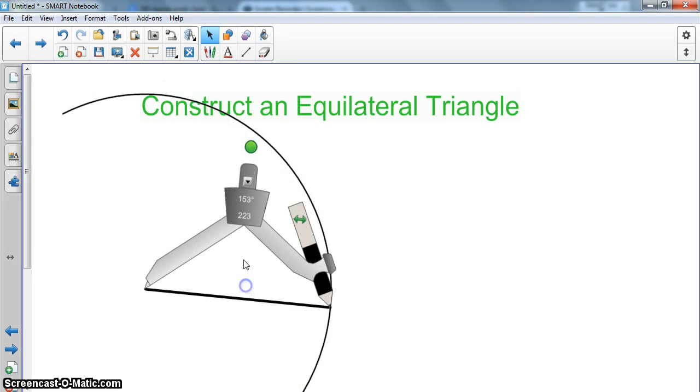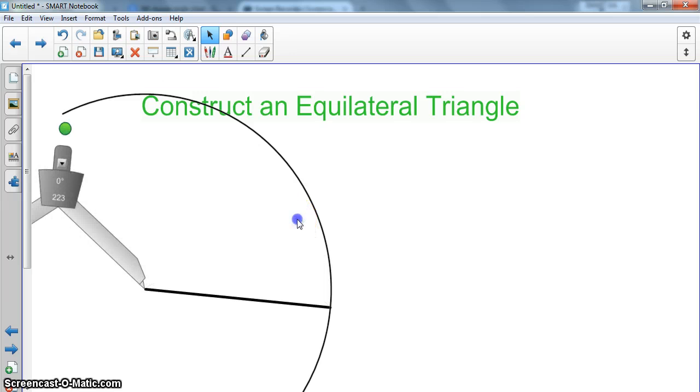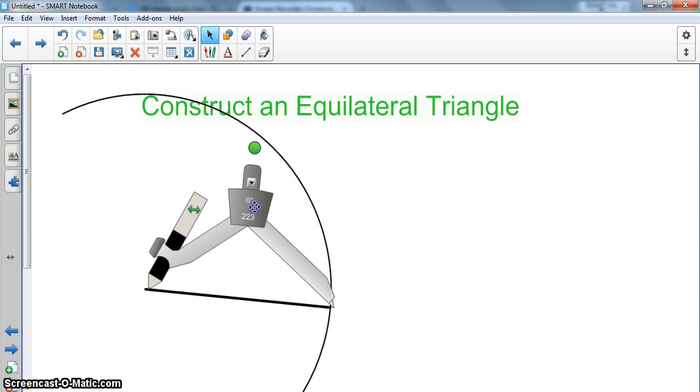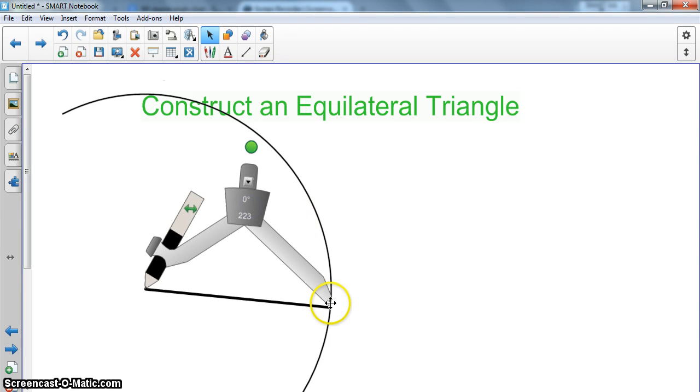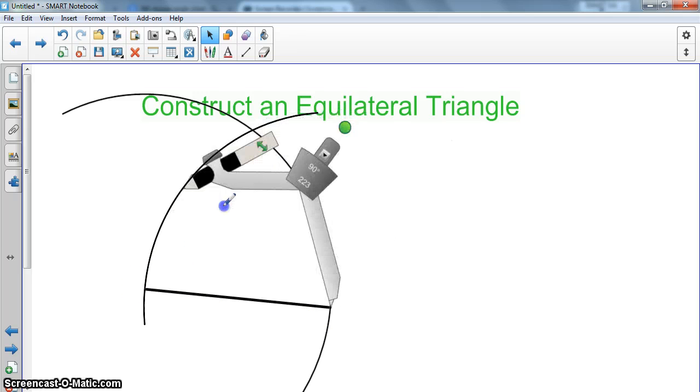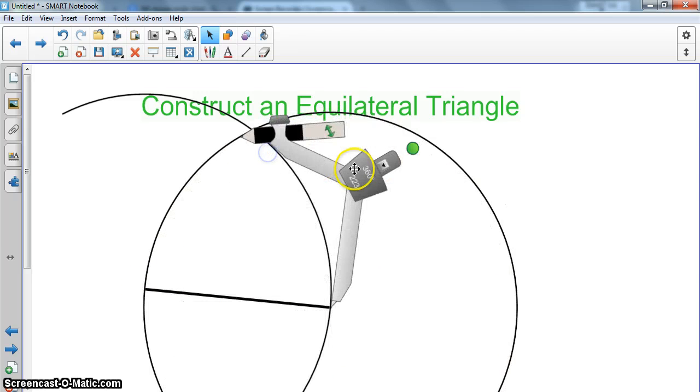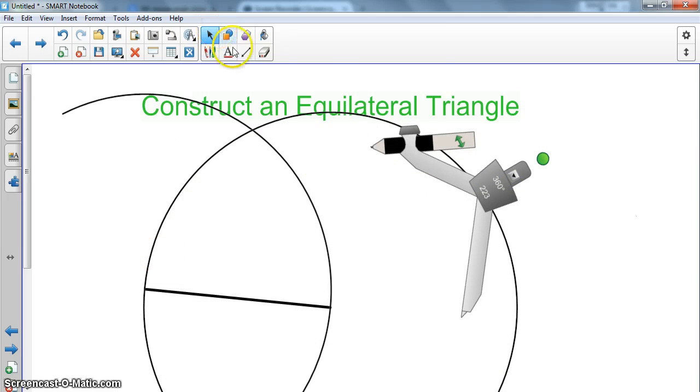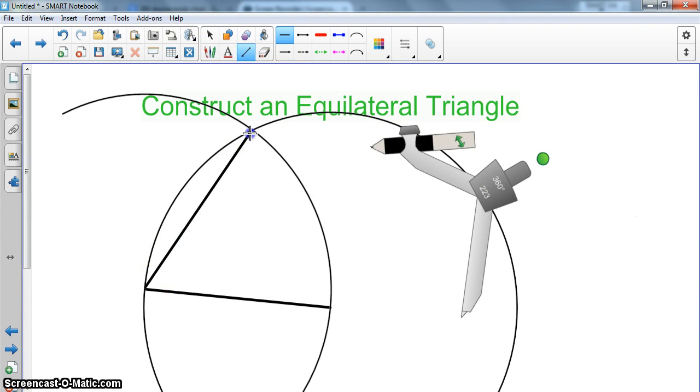And then all that I'm going to do is just flip my compass and make this endpoint now the center of a circle. This is now going to be a point on the circle. So when I make my circle here, our triangle is really just formed from the two endpoints of our segment, and then connect the two other sides as sides that connect to the intersection of our circles.